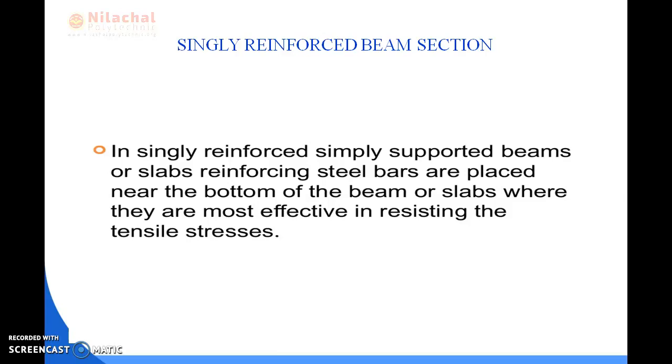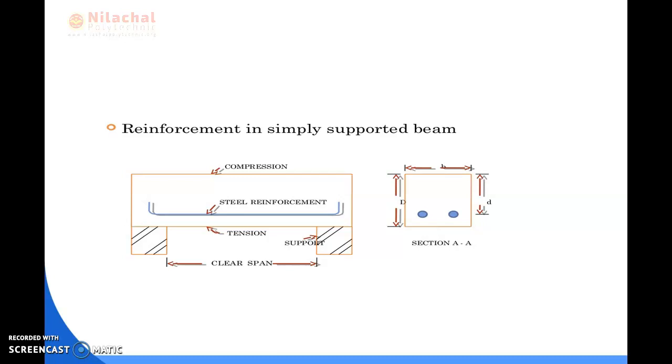Because in the case of a singly reinforced section, the bars are provided in the tension zone, so the resisting power against the tensile force is more. Here the reinforcement in a simply supported beam is shown. Here is the tension zone, and this is the compression zone, and this is the breadth of the section.